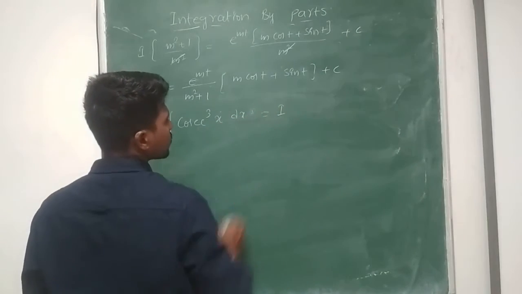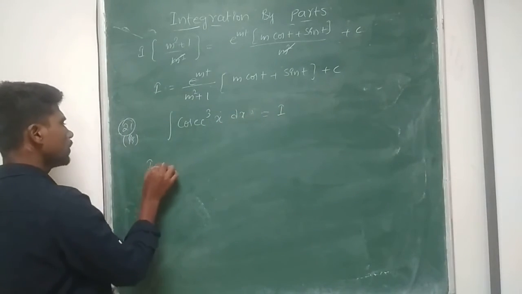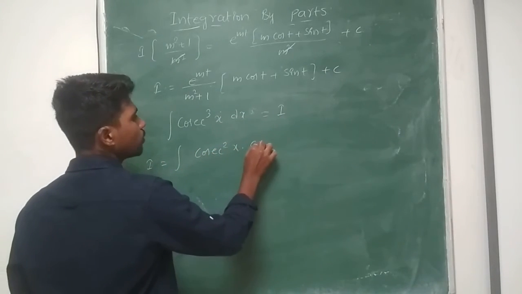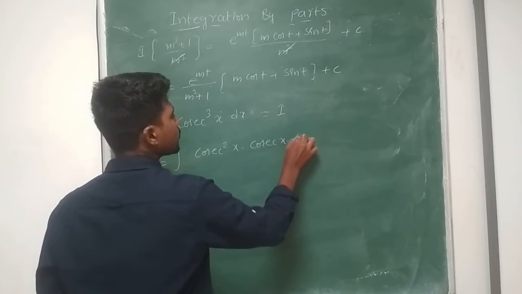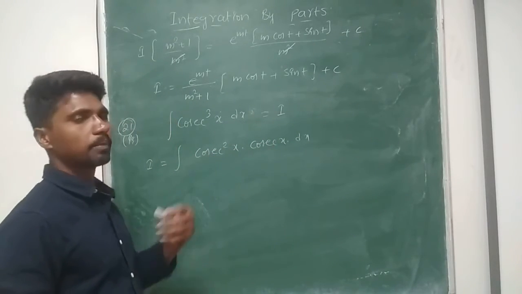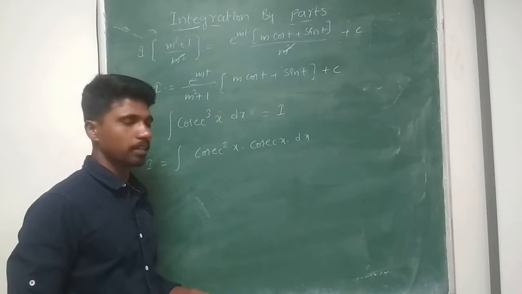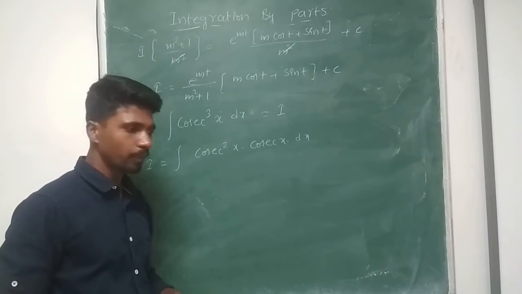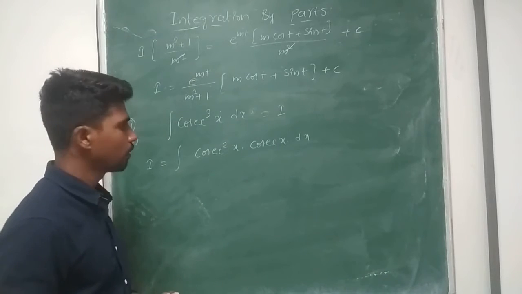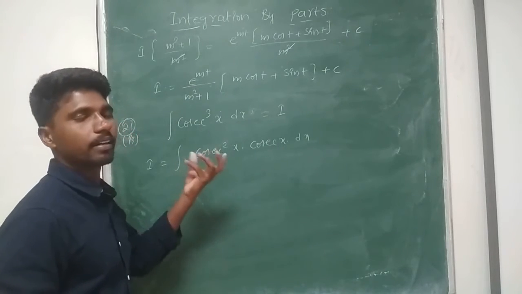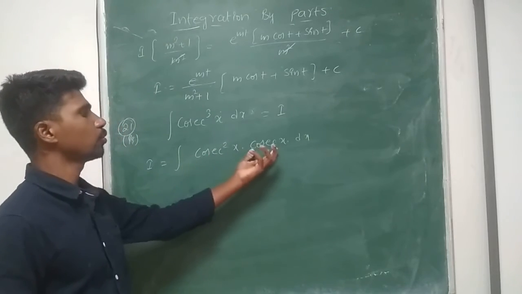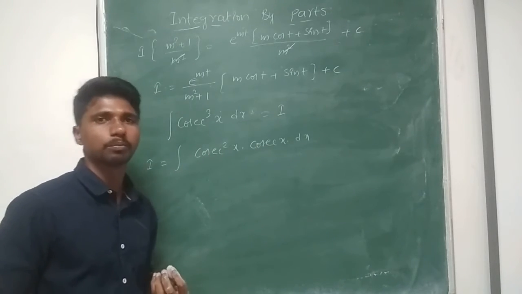So consider this one as I. So I is equal to integral cosecant square x into cosecant x dx. So integral cosecant square x is simple compared to integral cosecant x, because here both are trigonometric functions only, no? So which one do I need to take as u and which one as v? See, while finding integral v dx, if I use cosecant x, I get it in terms of logarithms.